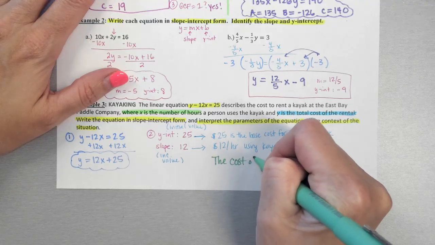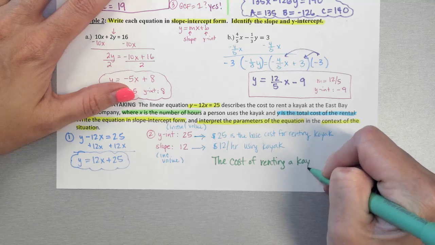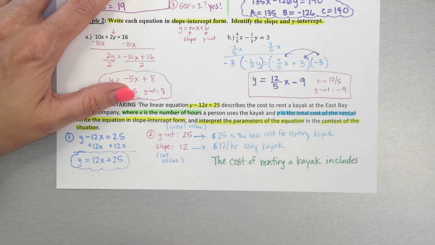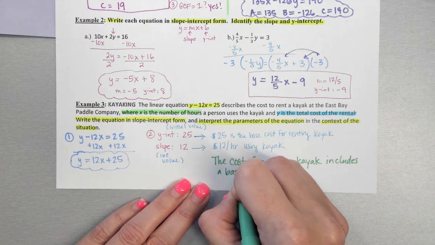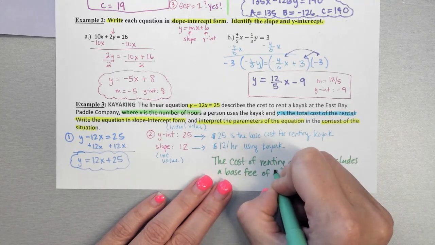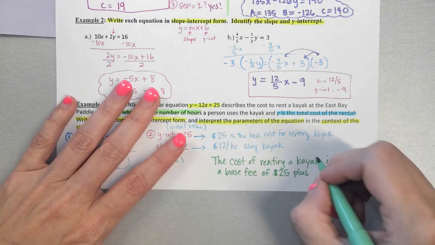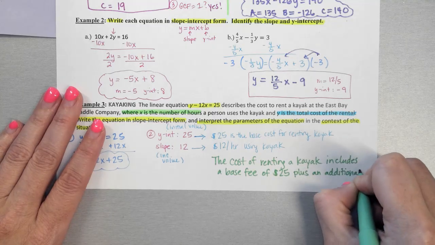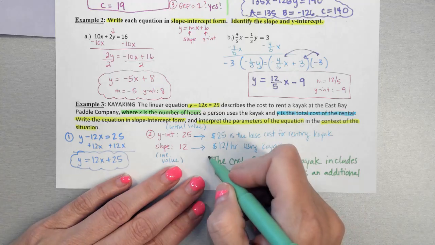The cost of renting a kayak includes, you can say, a base fee or an initial fee of $25 plus an additional $12 per hour.